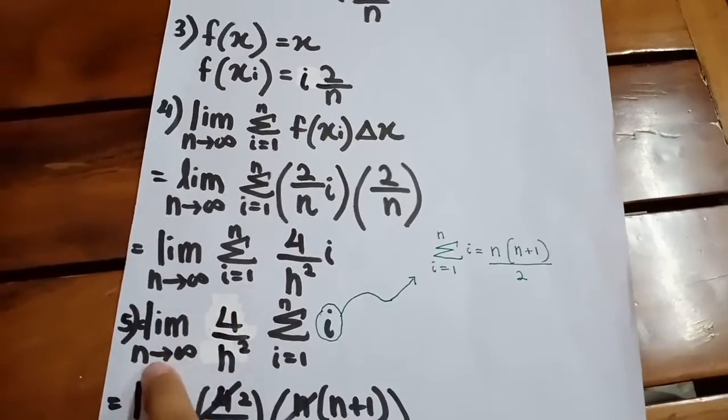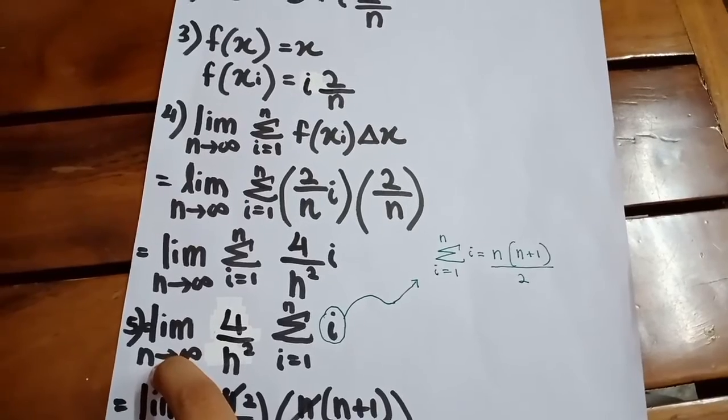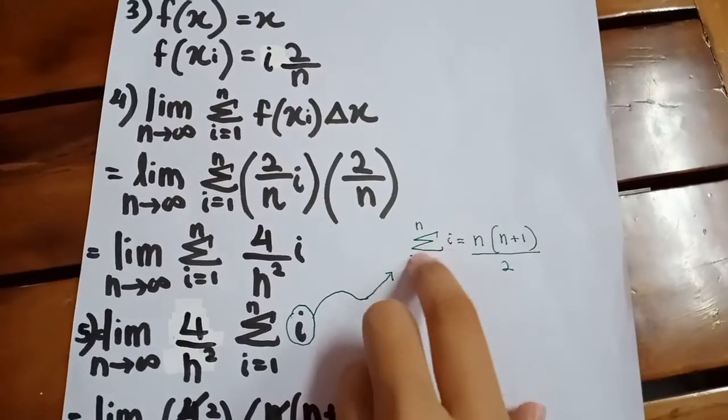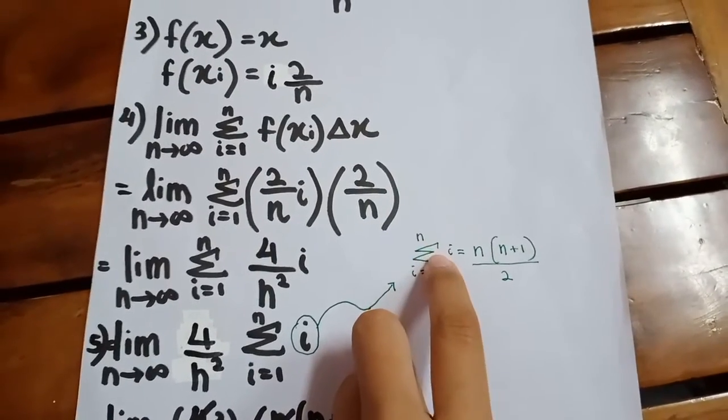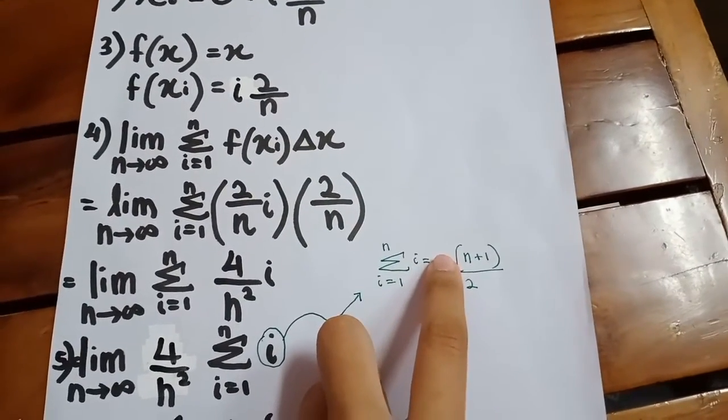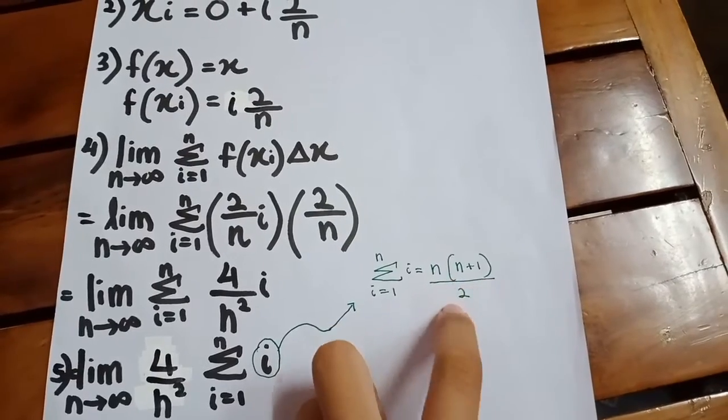And the last step is we need to use the sum law. The sum law is the summation i equals 1 to n of i equals n times n plus 1, over 2.